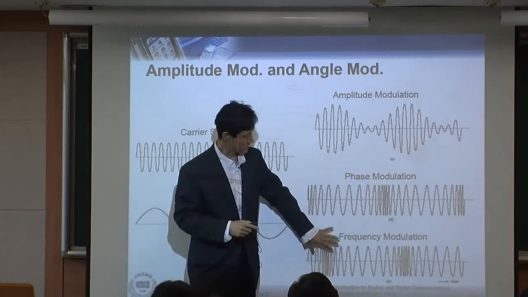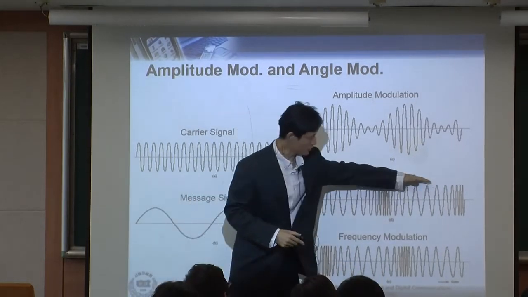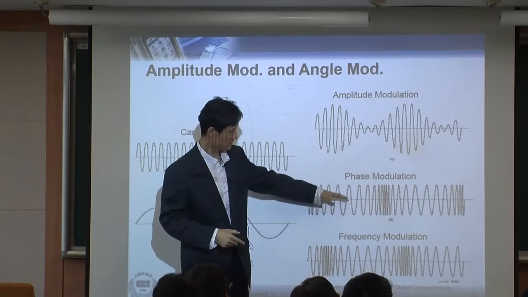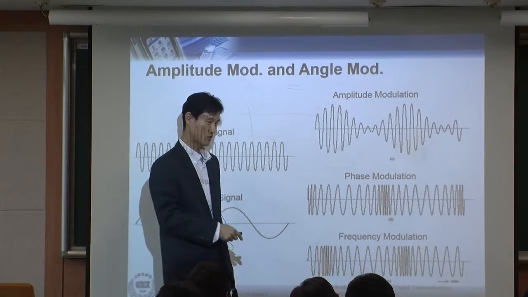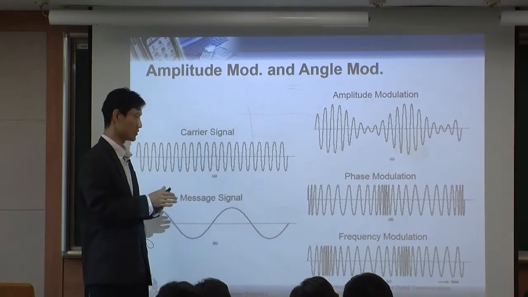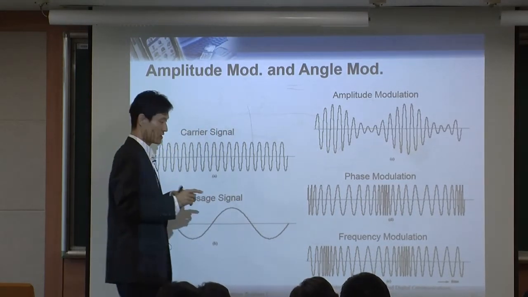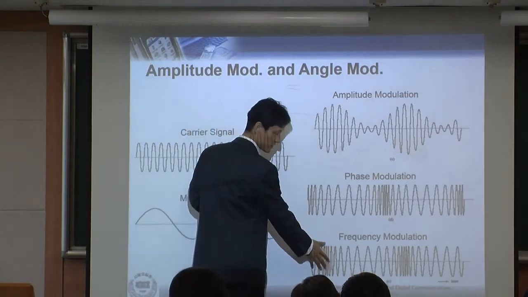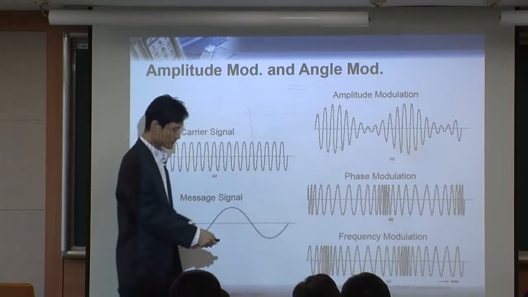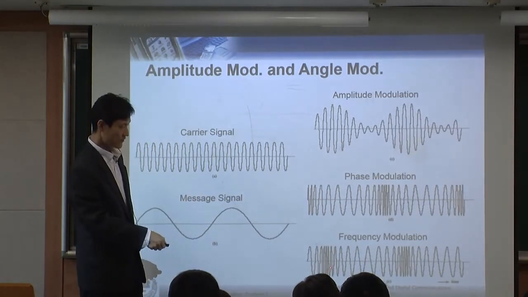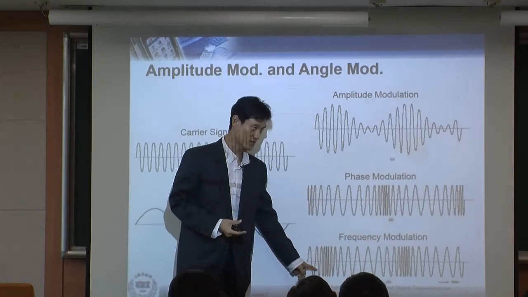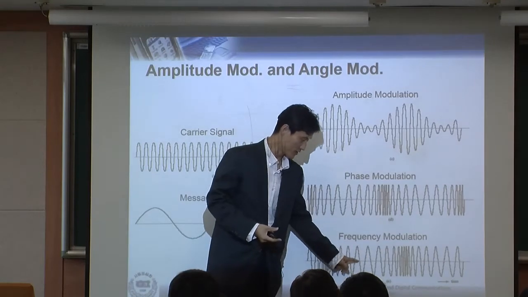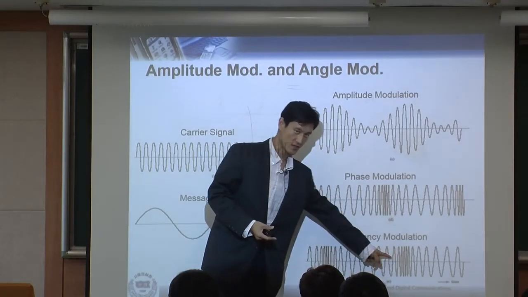One thing that you can notice is that amplitude is always constant. Amplitude does not change, right? For both of them, because you're not going to touch any amplitude. The only change is, let's look at this first. In frequency modulation, you see that the frequency is changing. Here, high frequency, probably low frequency, and again high frequency, right?